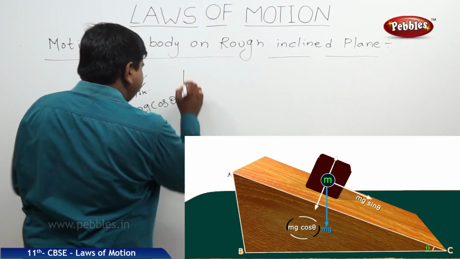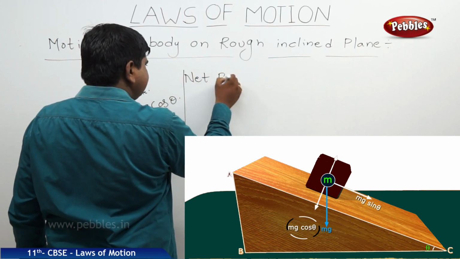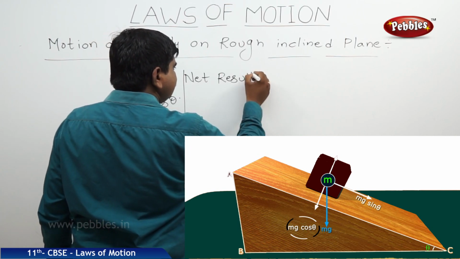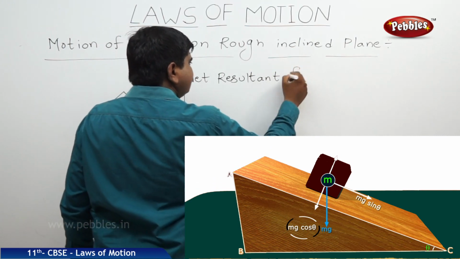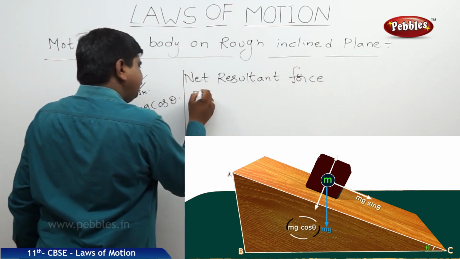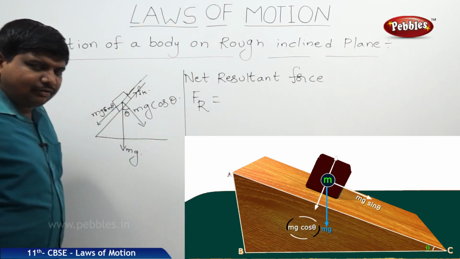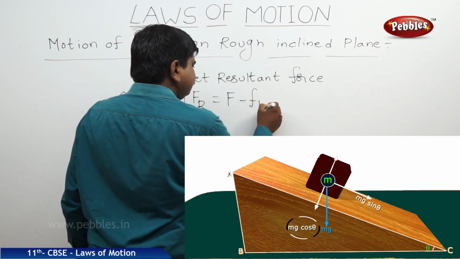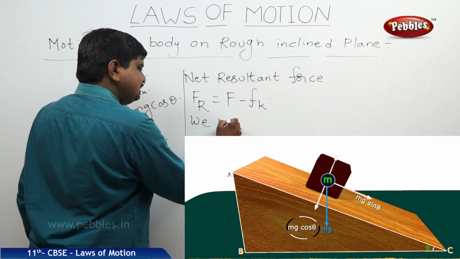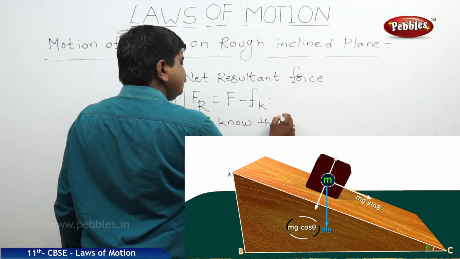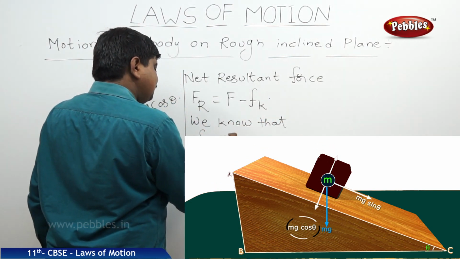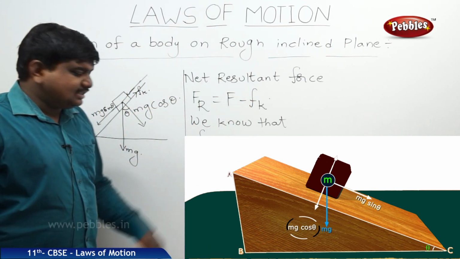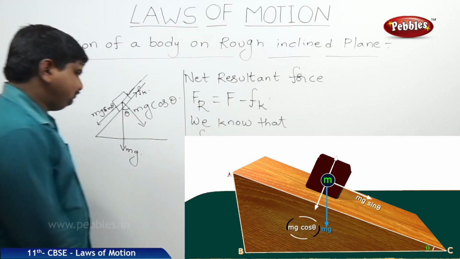So net resultant force Fr is equal to F minus Fk. So we know that Fk is nothing but mu k N, where N is equal to mg cos theta.